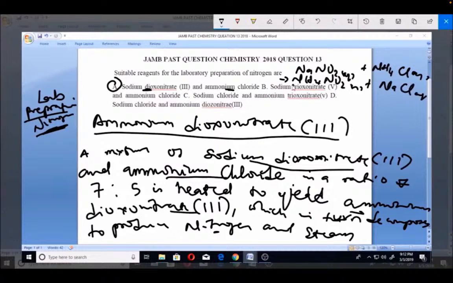So this ammonium dioxynitrate 3, which is aqueous, then further decomposes to nitrogen, which is what you're looking for, a gas, plus the steam, H2O, which is liquid. So that's how you go about the laboratory preparation of nitrogen.